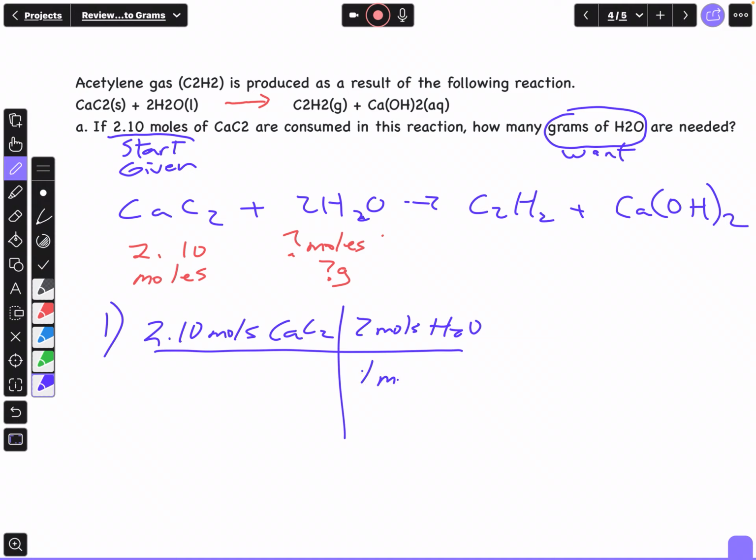For every 1 mole of CaC2 that reacts, I get 2 moles, twice as many, of H2O. Then I would just multiply that out. 2.10 times 2 equals 4.20 over 1, which equals 4.20 moles of H2O.